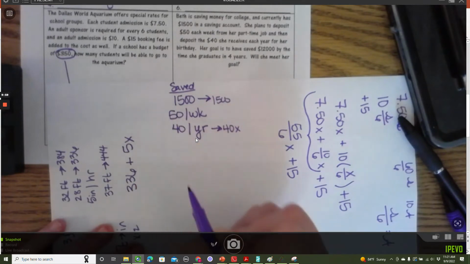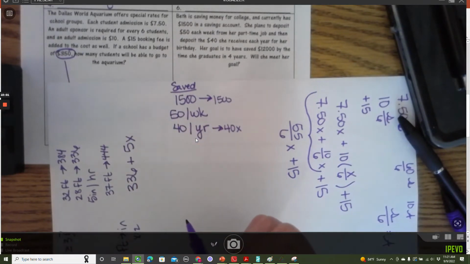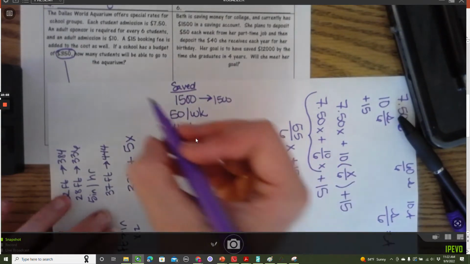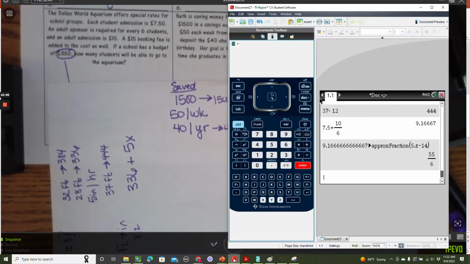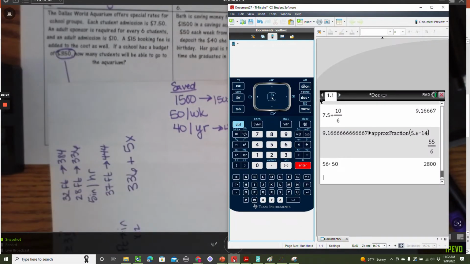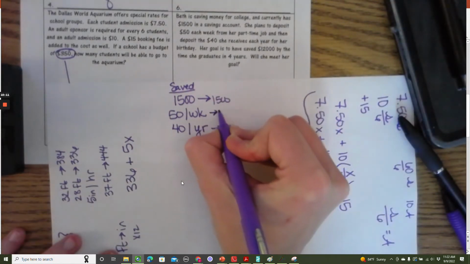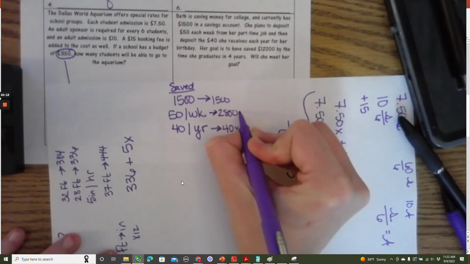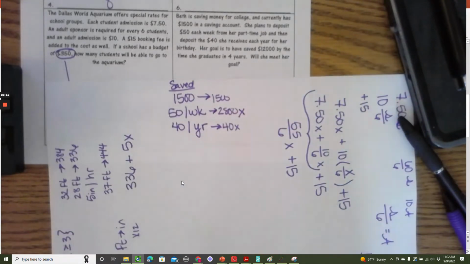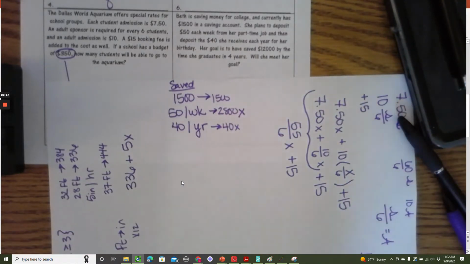If she saves 50 a week, how many weeks are in a year? 56. So I could do 56 times 50. That's 2,800. That means she saves $2,800 per year from her job. You want everything in the same form, because you can't really compare weeks and years.